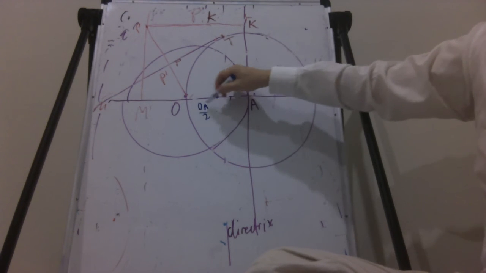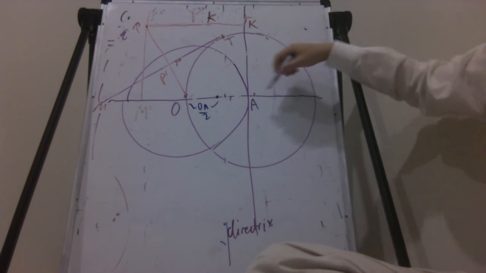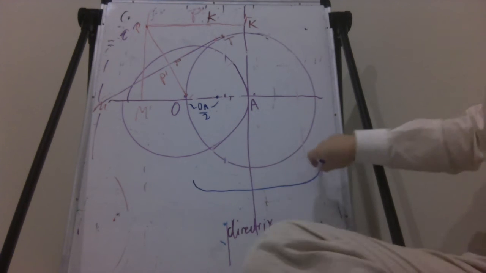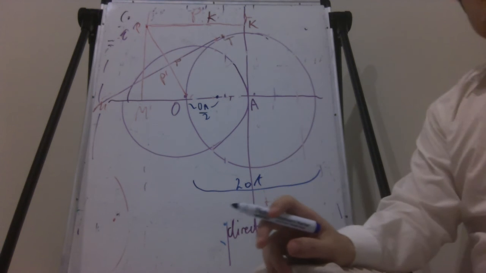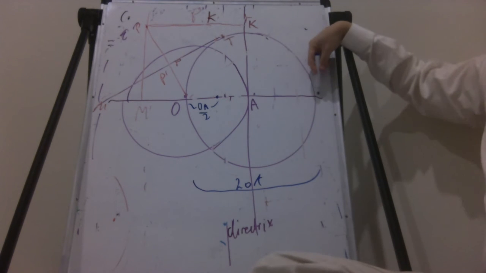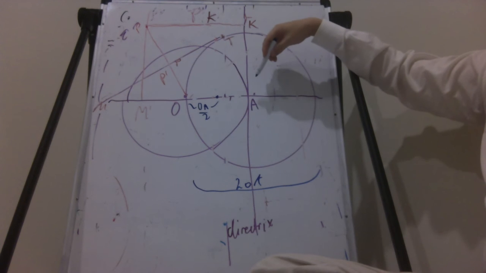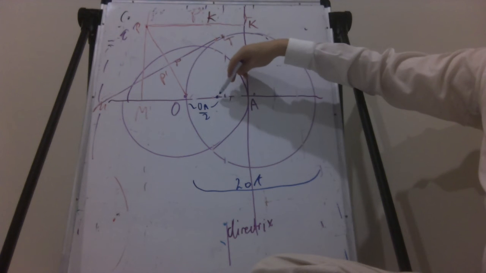Then the endpoint there is OA. So this point inverts to that point, because they multiply together to give OA squared.